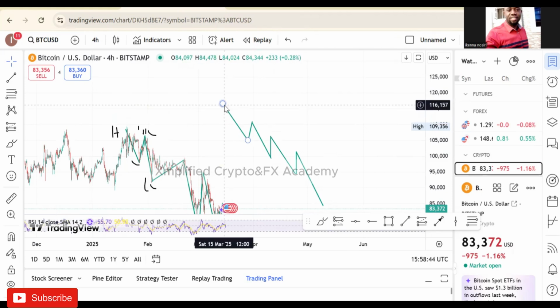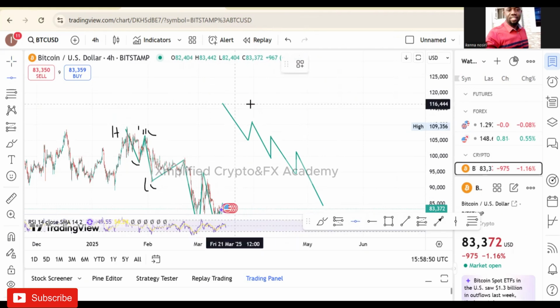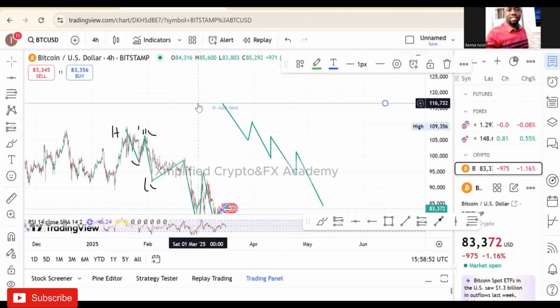The price was at this point. This is just an instance I'm giving you guys from my chart. Price was at 116,732. That was what the Bitcoin price was. But you are too scared to enter because nobody knows what will happen to Bitcoin.